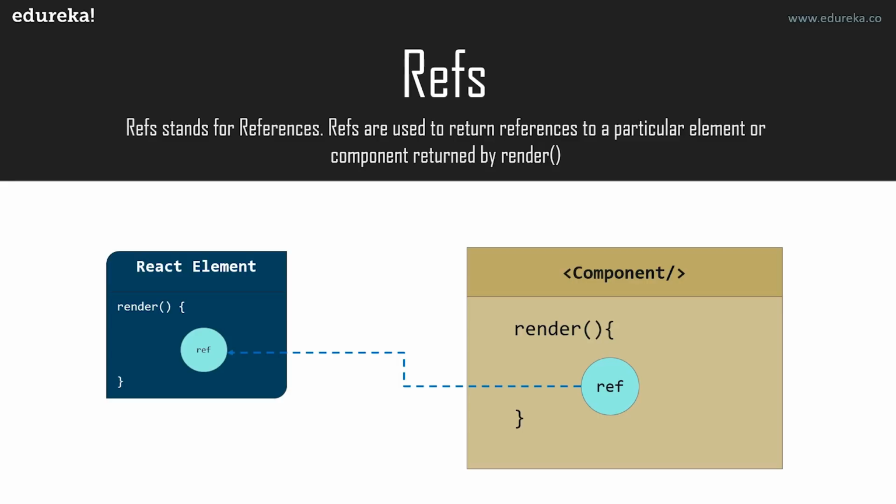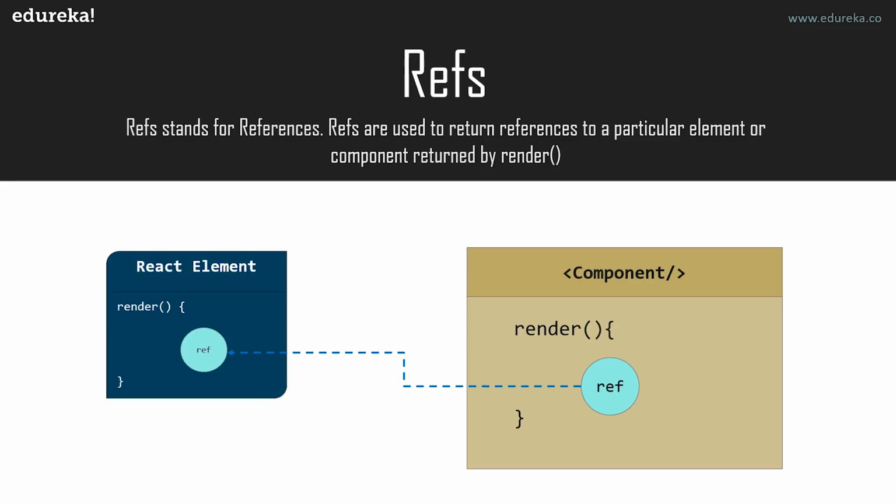In the typical React data flow, props are the only way that parent components interact with their children. So in React.js, if you want to flow the data from parent to child, props are the only way. To modify a child, you re-render it with new props.